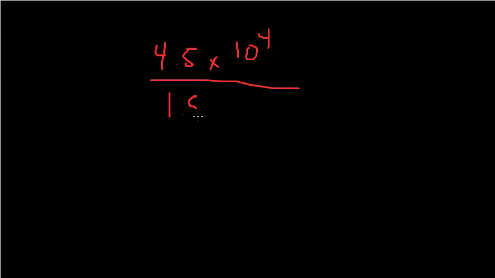What about 4.5 times 10 to the 4th over 1.8 times 10 to the negative 3rd? In this case, again, I divide their pieces. 4.5 divided by 1.8 gives me 2.5.